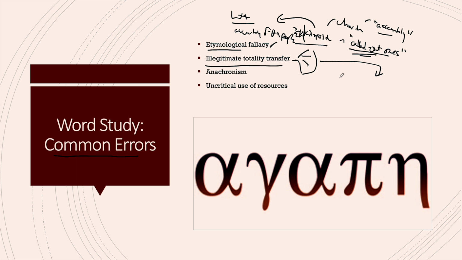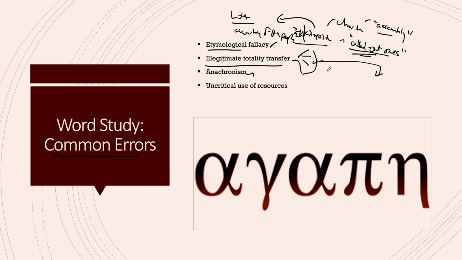I guess it might. There might be some double entendre being used here, or multiple nuances. But for the most part, an author wants a singular meaning within his text. He doesn't want multiple meanings that are going to be confusing for the reader.